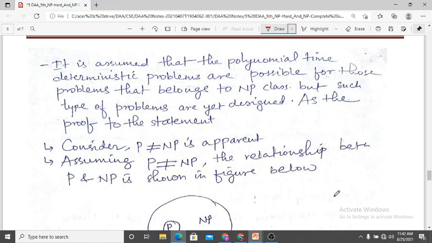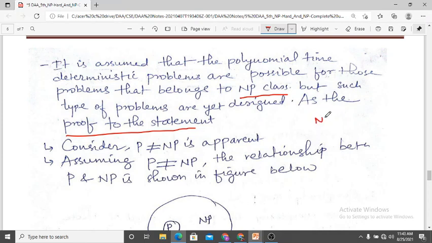It is assumed that polynomial time deterministic algorithms are possible for those problems that belong to the NP class, but such algorithms have yet to be designed as proof of the statement. That means the research is still going on.